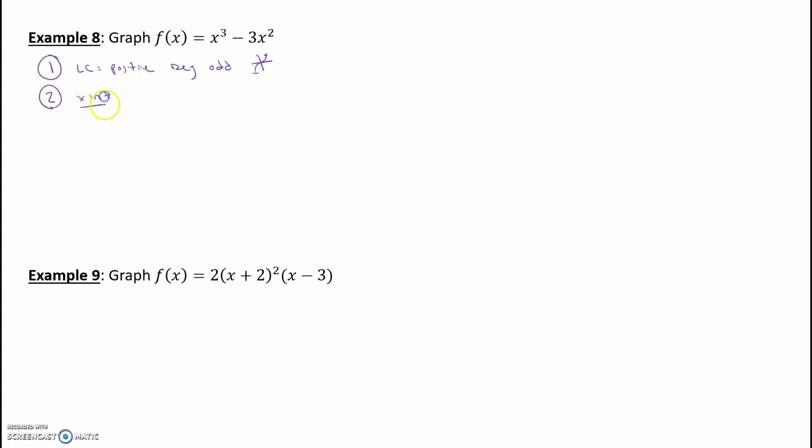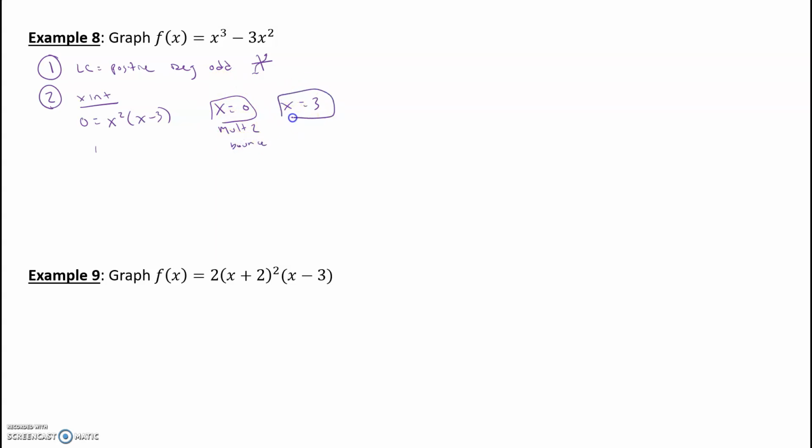X-intercepts, that was step 2. X-intercepts means your y is 0. I'm going to go ahead and factor this side while I'm at it. I factored out an x squared, so I know I'm going to wind up with x equals 0 and x equals 3. Now here your multiplicity is 2. Right? This actually happens twice. So you know here we're going to have a bounce.